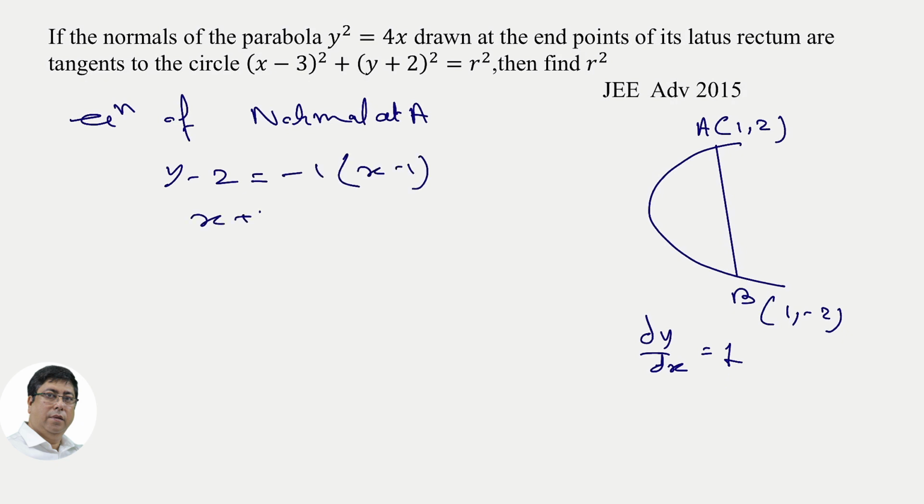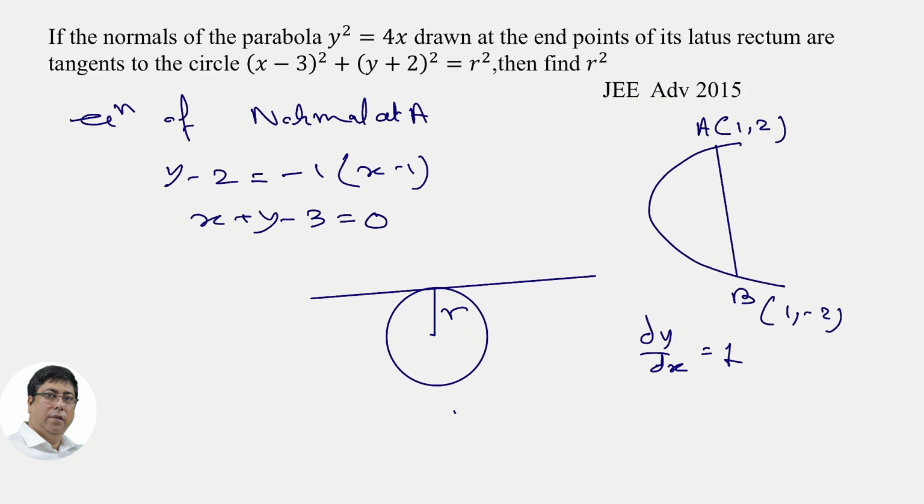Therefore, x + y - 3 = 0. So the radius r is the distance of the line from the center. So suppose this is a circle and this is a line, so r is the distance here.